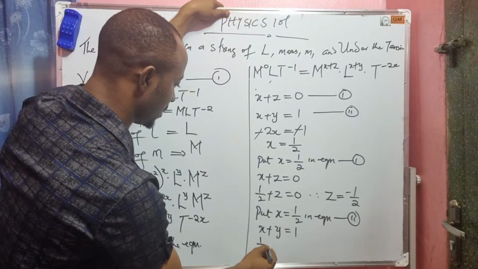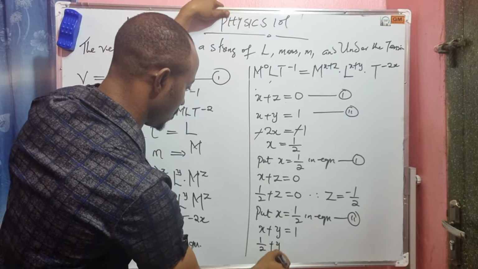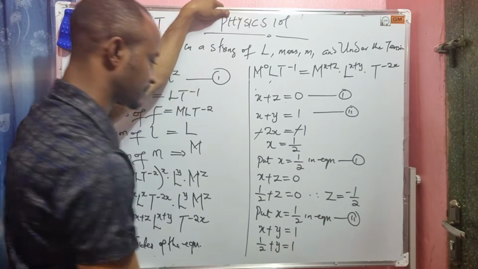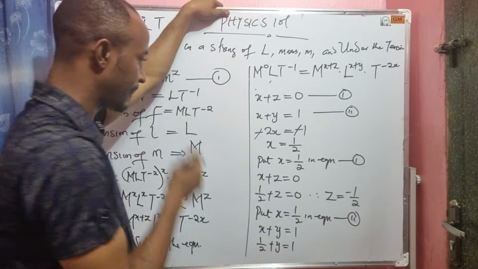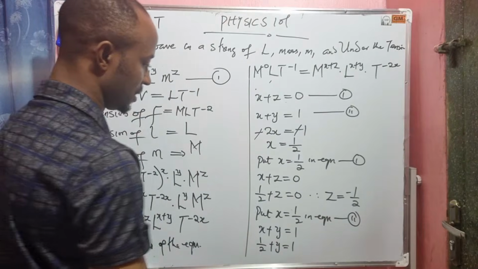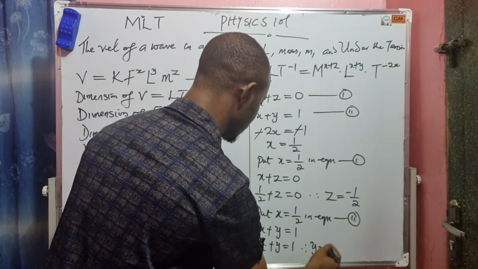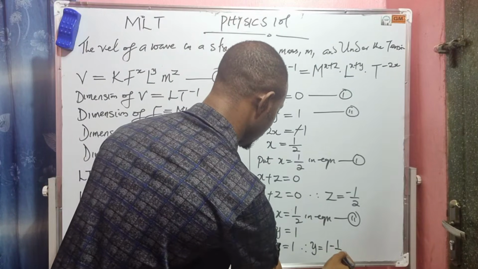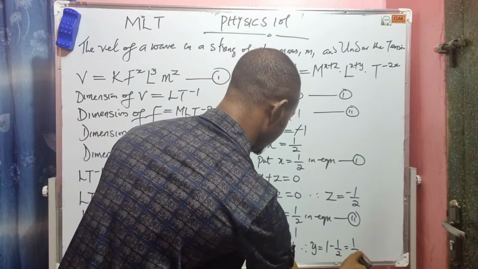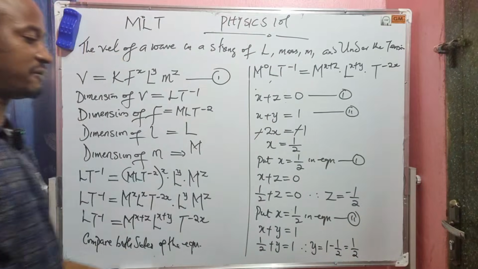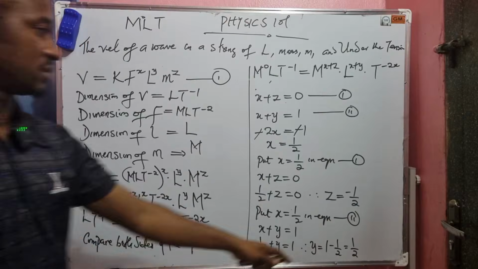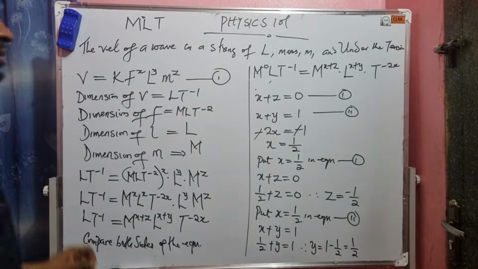So we're going to have 1 over 2 plus y equals 1. Is that clear? So from here, it means that our y equals 1 minus half. The result should be half. When you subtract half from 1, the result will be half.